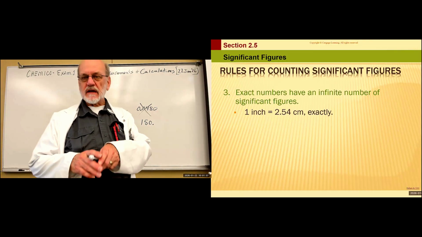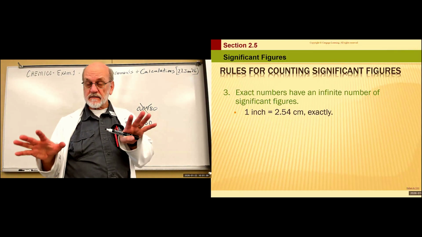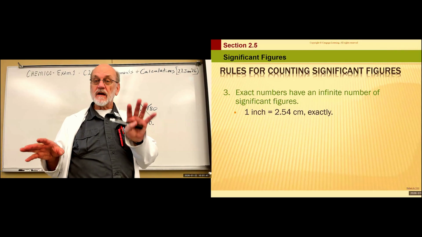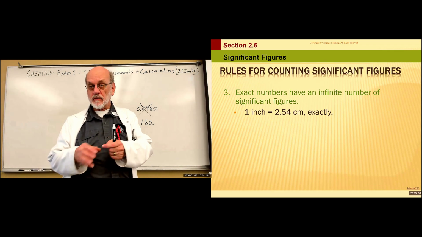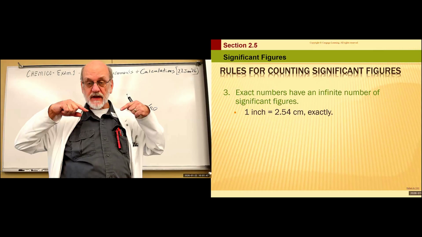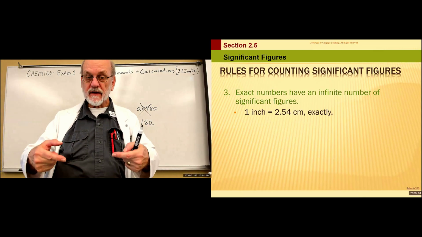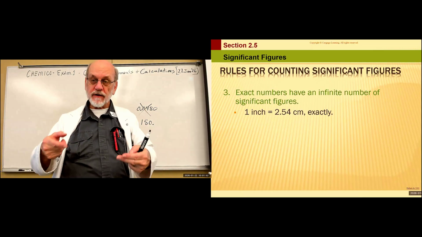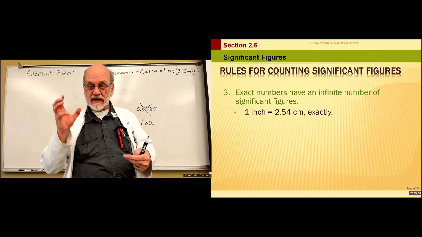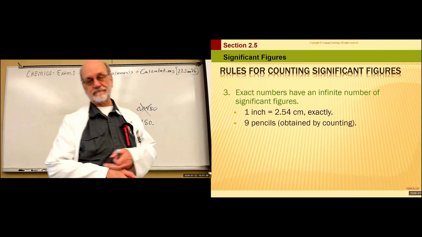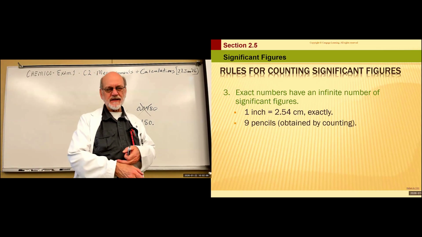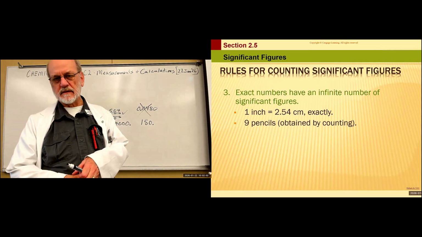These numbers could be equalities, like this, where 1 inch equals 2.54 centimeters, and we have established that as an equivalence. That means that 2.54 centimeters has infinite significant figures. Or counting numbers, right? It doesn't make any sense to say 9.5 pencils.